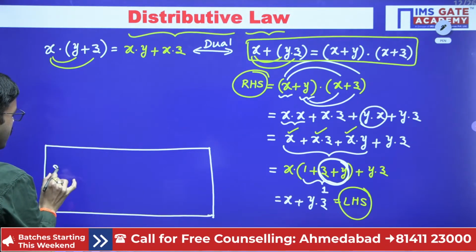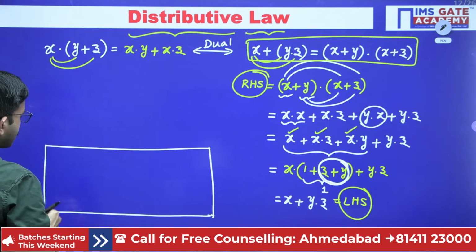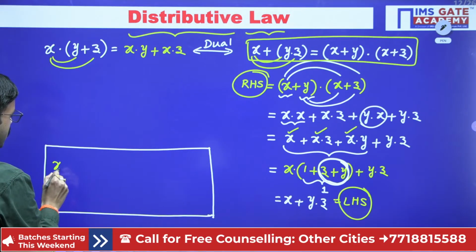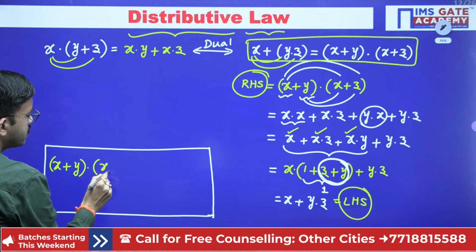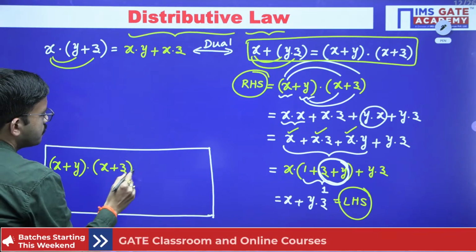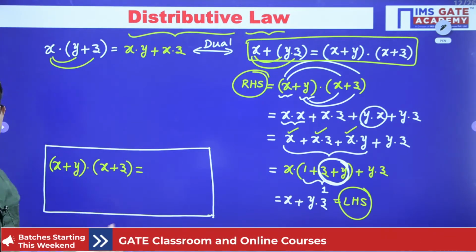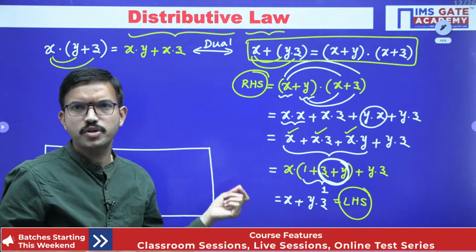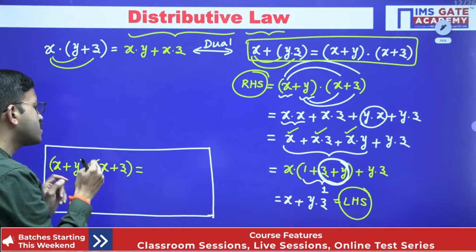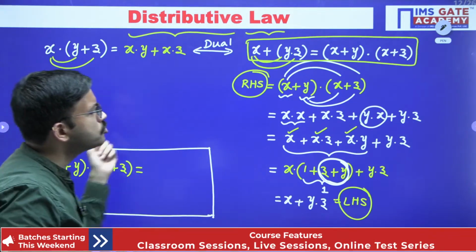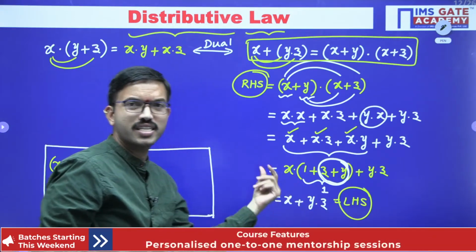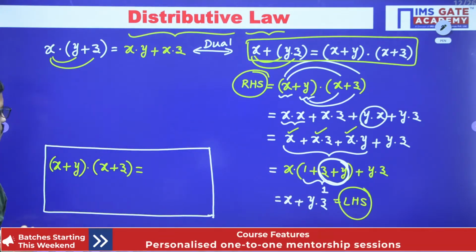So here you have x plus y and x plus z. Suppose you have an expression like this while simplifying any Boolean function, and you come across this representation. How do you directly write the expression like this? Regarding that, I am giving the approach. It is very simple.